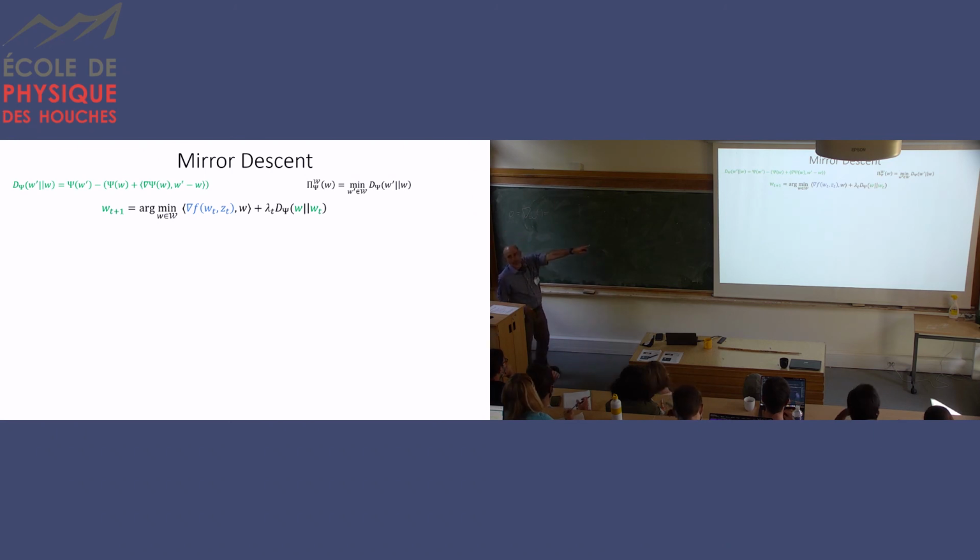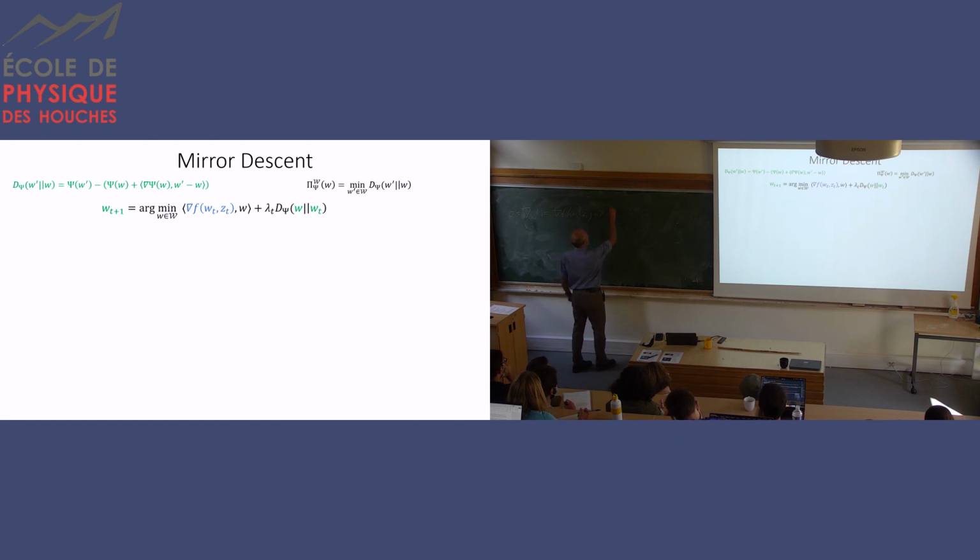So what's the gradient with respect to w? The gradient with respect to w of the first term is just the gradient of our objective at wt, gradient of f(wt, zt). For the second term, we'll plug in the definition of the Bregman divergence. We want to take the gradient only with respect to w, which is confusingly w prime in the way I wrote it here.